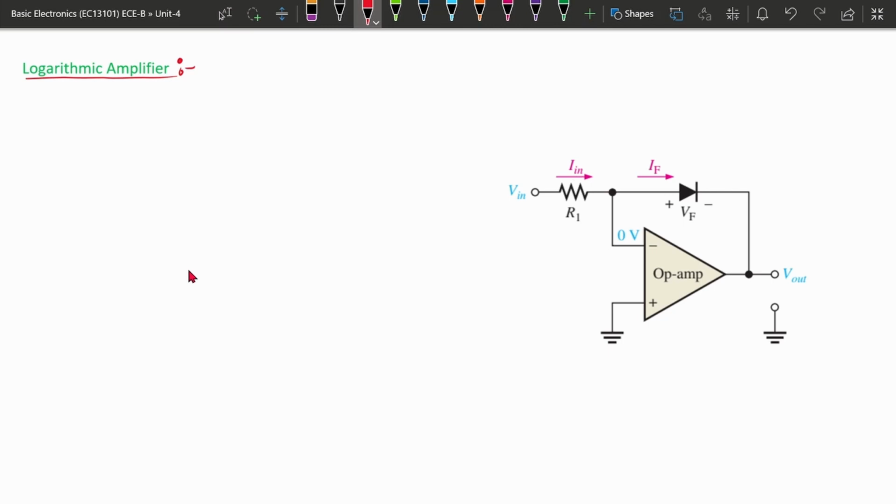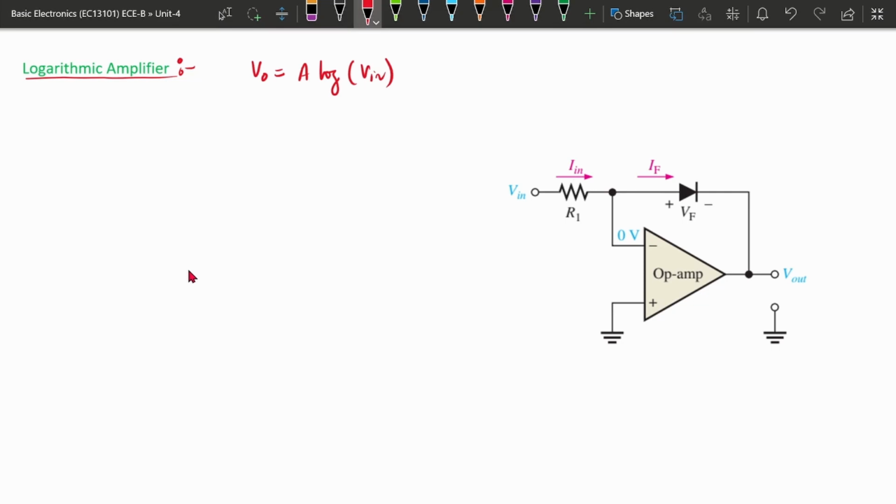Instead of using a resistance or capacitor, we use a diode, because in a logarithmic amplifier the output should be a constant times the log of the input. The log here could be log base 10 or log base e.